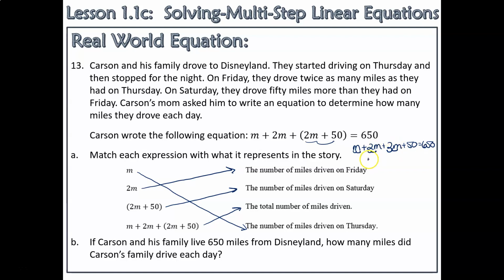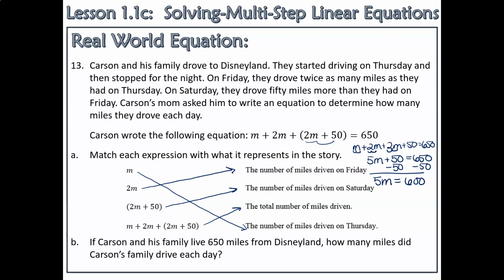So I have 2 and 1 more is 5M plus 50 equals 650. I'm going to subtract that 50. So I have 5M equals 600.